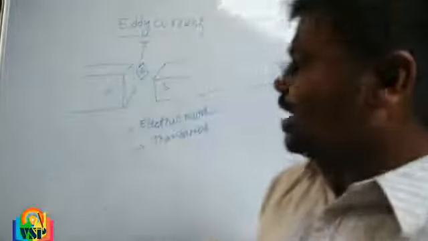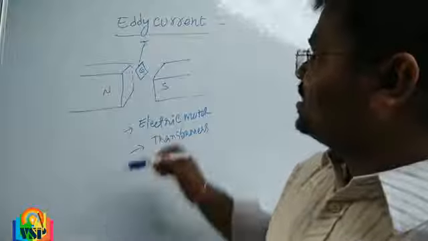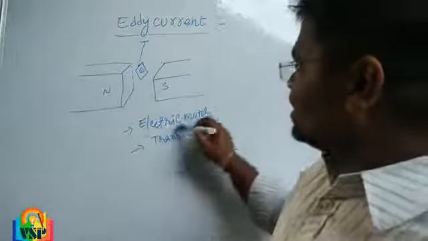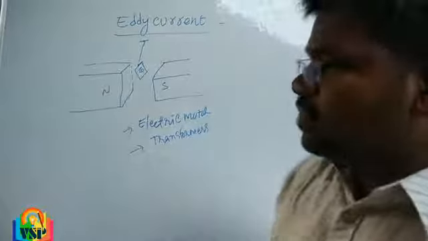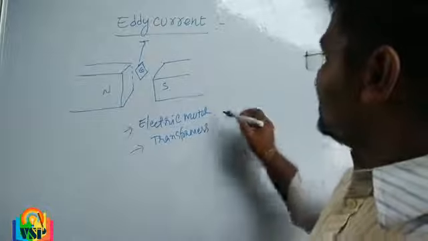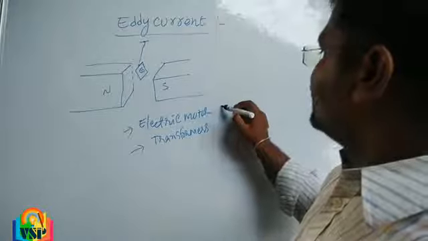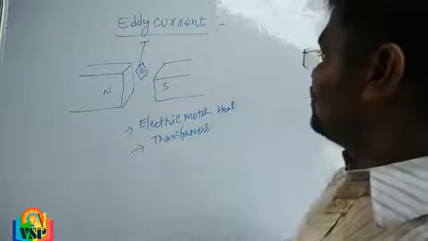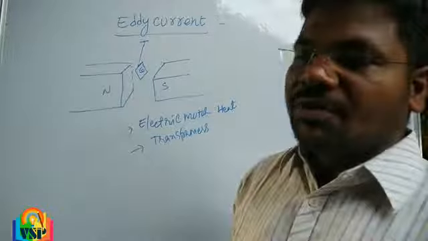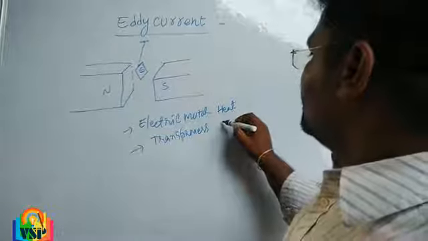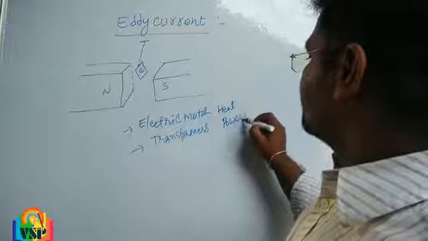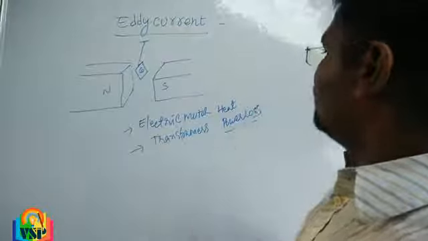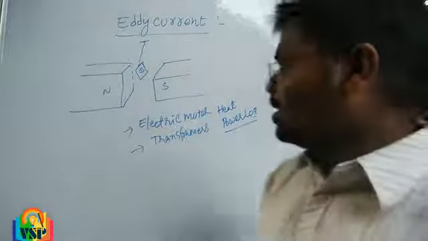If induced current is generated inside the electric motor and transformer, it produces heat, a heating effect, and power loss. It produces heat loss and power loss.